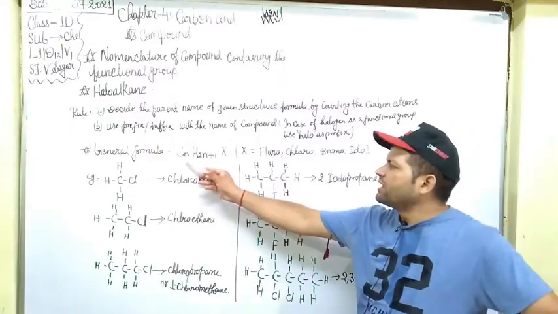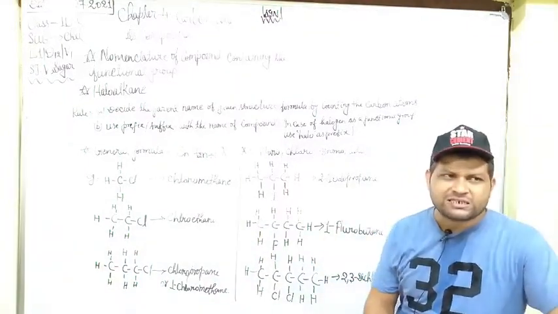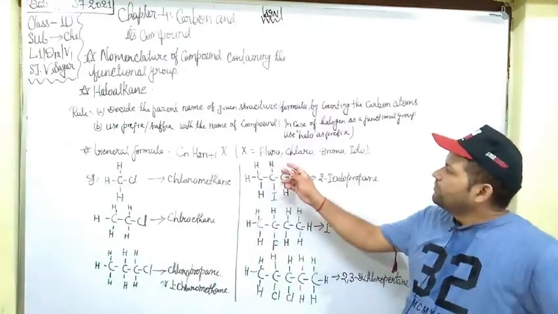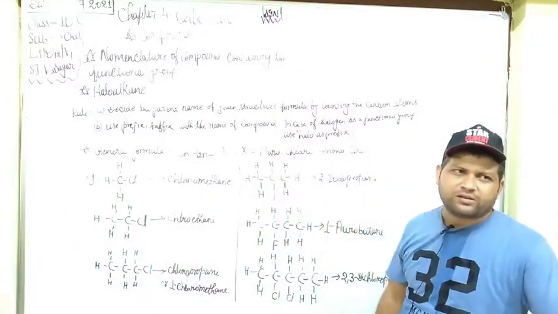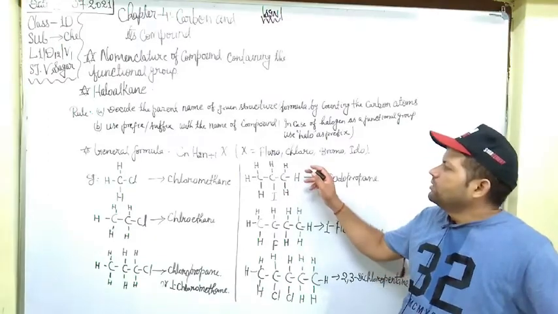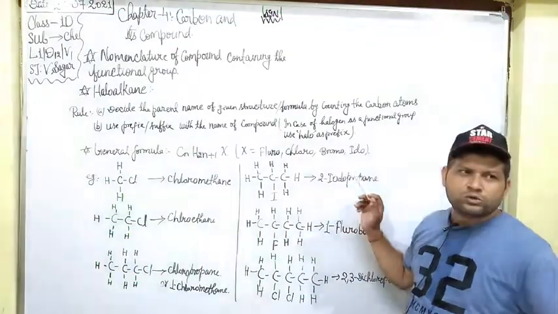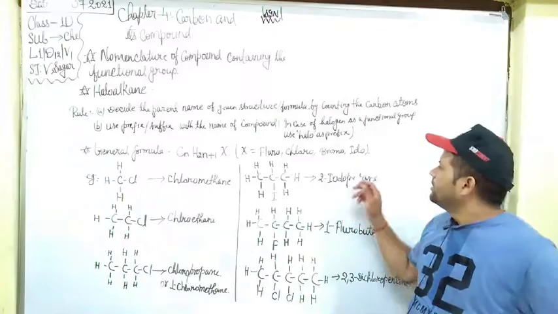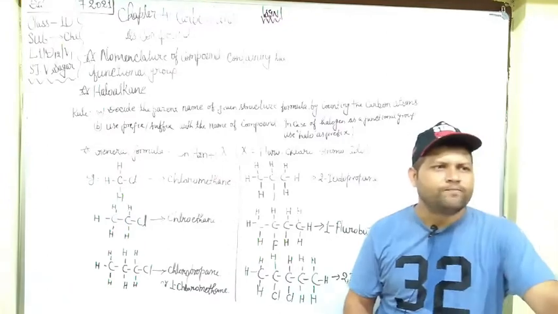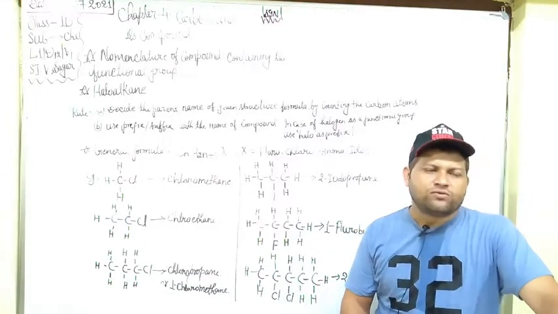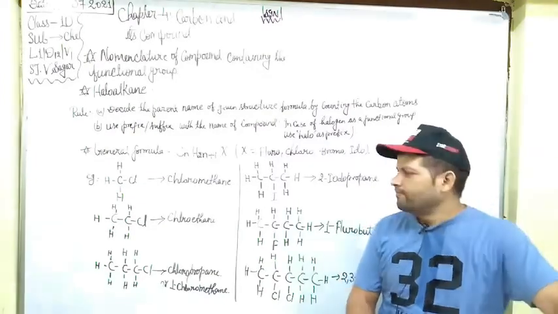The general formula is CnH2n+1X, where X is fluorine, with the prefix fluoro; chlorine, with the prefix chloro; bromine, with the prefix bromo; and iodine, with the prefix iodo. So X is either fluorine, chlorine, bromine or iodine.